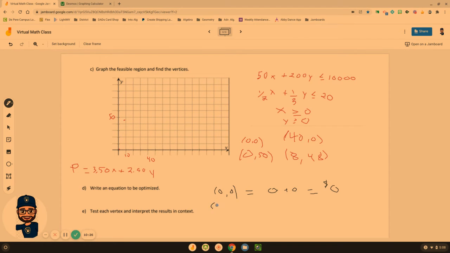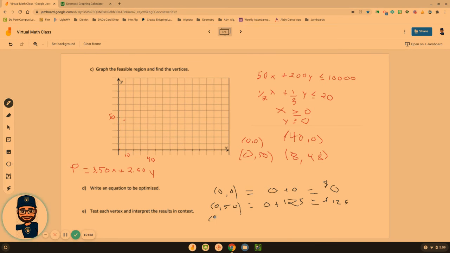What about 0, 50? 0 plus 2.50 times 50, which is $125, meaning I would make 0 necklaces and 50 bracelets, and I would earn $125 profit.